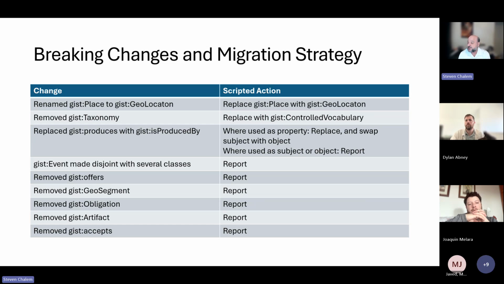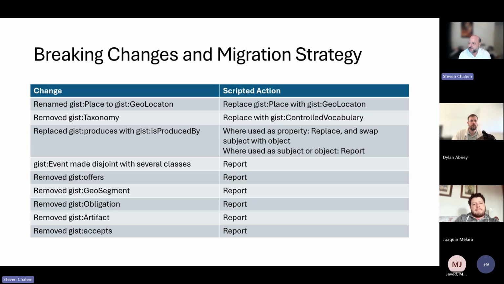And so in some cases we can clearly replace them. The simplest example: we renamed place to geolocation. So our migration script just goes through, and anywhere it finds place, it puts in geolocation in its place.